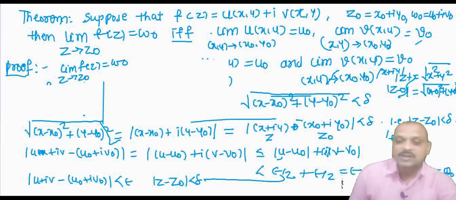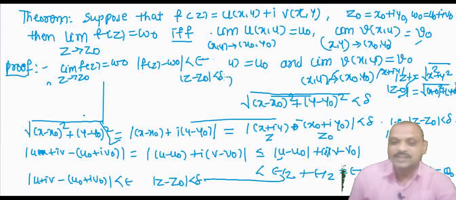Now apply the same definition: mod of f of z minus w0 is less than epsilon whenever mod of z minus z0 is less than delta. As you can see, z minus z0 is nothing but the square root of (x minus x0) whole squared plus (y minus y0) whole squared.